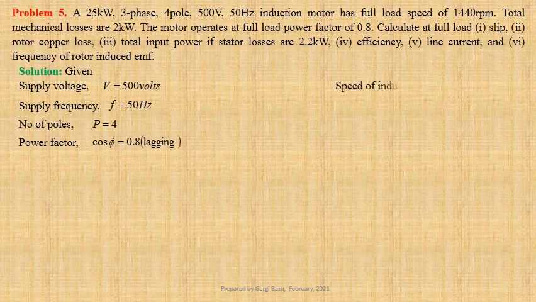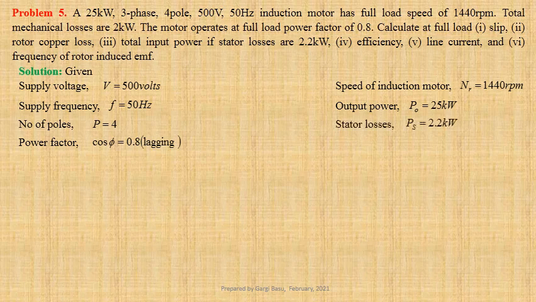Speed of induction motor NR equals 1440 RPM. Shaft output power PO equals 25 kilowatt. Stator losses PS equals 2.2 kilowatt. Mechanical losses PFR equals 2 kilowatt.